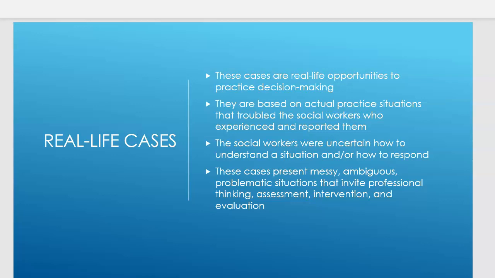In some cases, the social worker collaborated with another author to document the case and to present the case for social work practice.